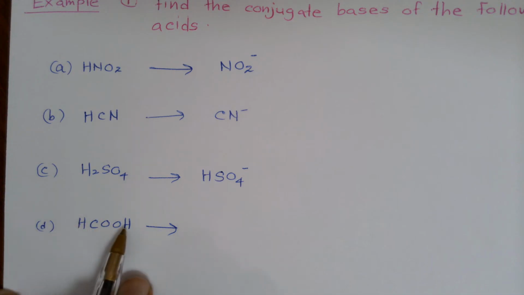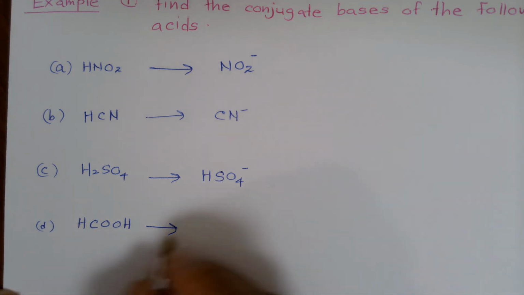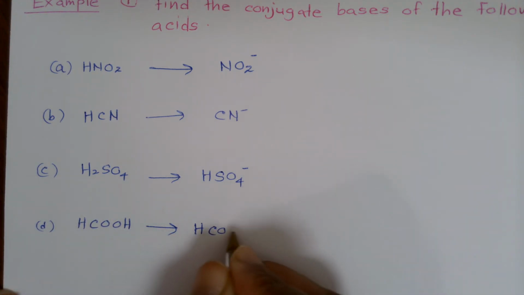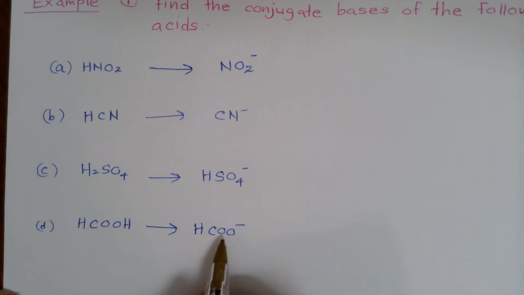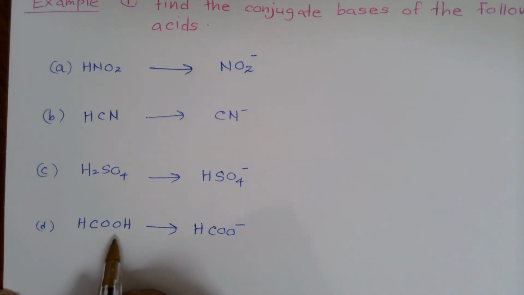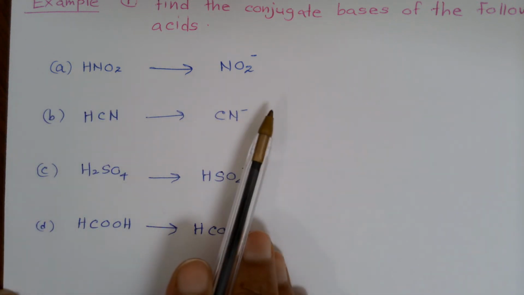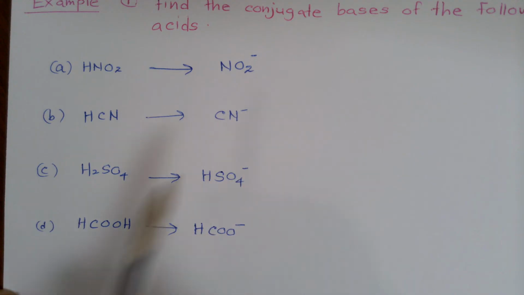So you need to remove the hydrogen attached to oxygen. After removing the acidic hydrogen, it becomes HCOO-. That is the conjugate base of formic acid or methanoic acid. So you can clearly see now acids always form their conjugate bases by losing one H+ ion.